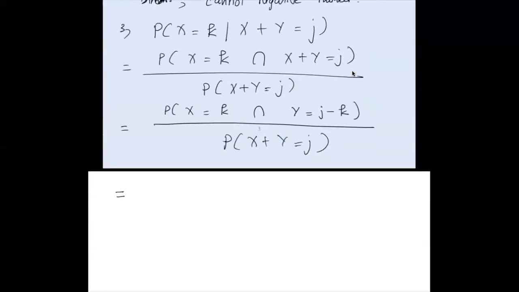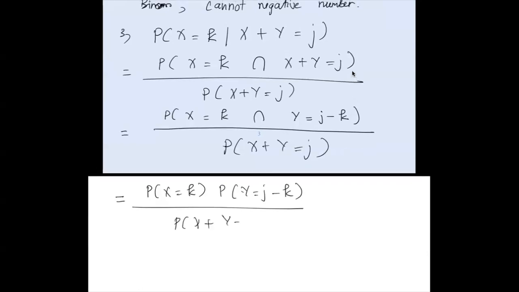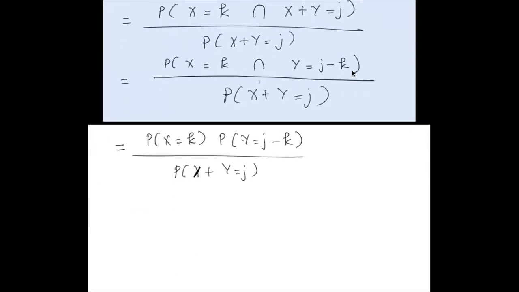And now since x and y are independent, I can just use the product of probabilities. And then here we want to remind ourselves x follows a binomial distribution, n trials and probability of success is p.